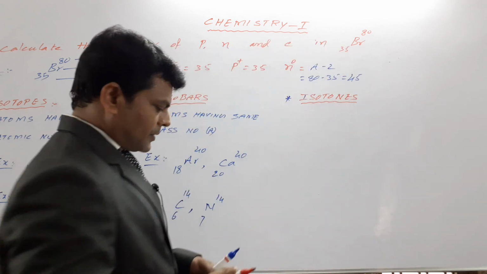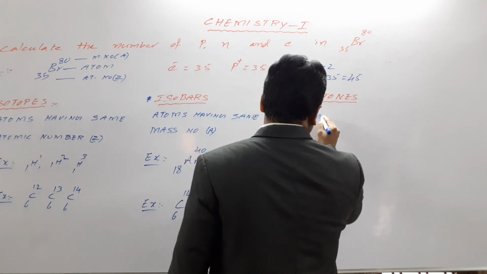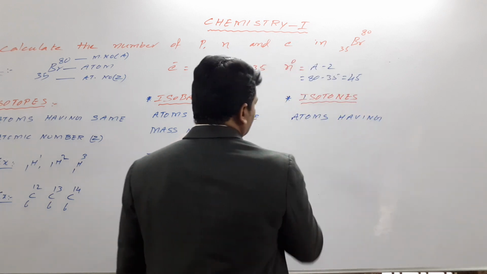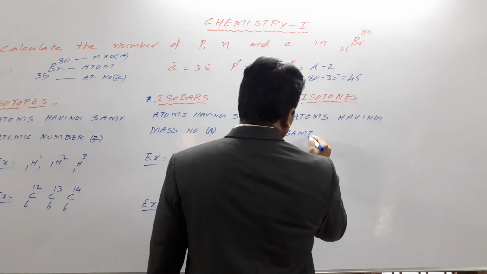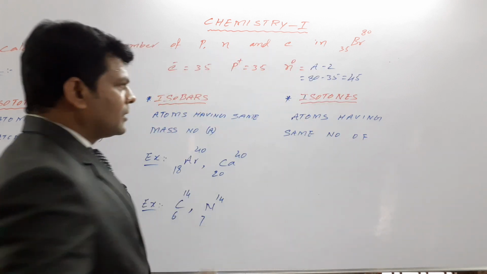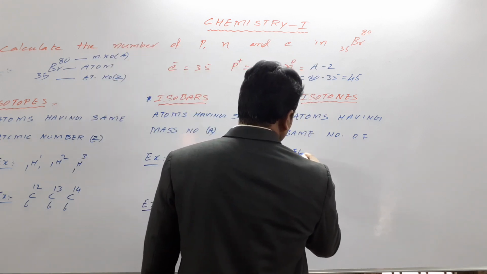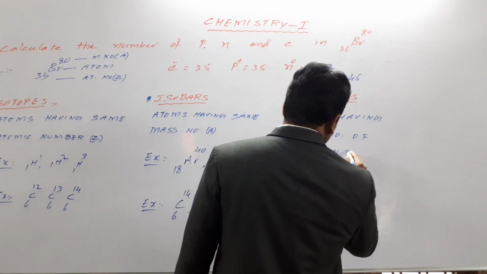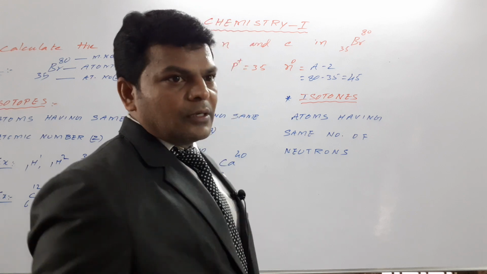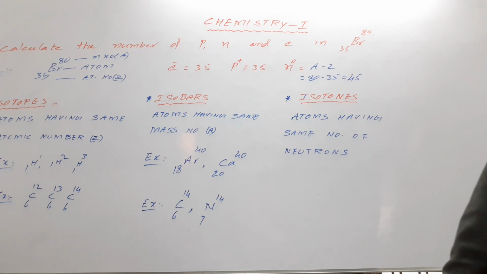Atoms having the same number of neutrons are called isotones. Atoms having same number of neutrons are called isotones.